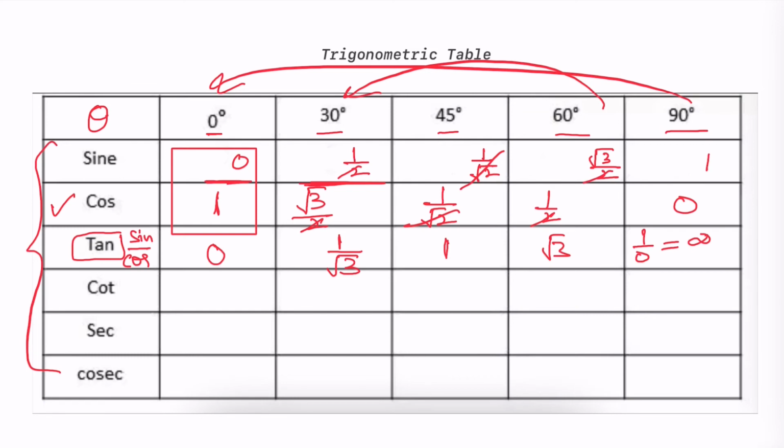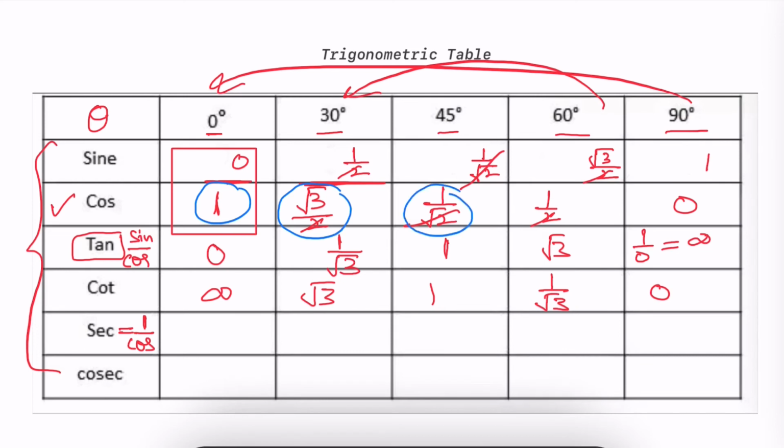So in the case of cot, I am again going to flip those values. So here infinity, then under root 3, 1, 1 over under root 3 and 0. Okay, so in the case of secant, you know that secant is the reciprocal of cos, so I will write secant is equal to 1 by cos. So here I have the values of cos, so these are the values of cos.